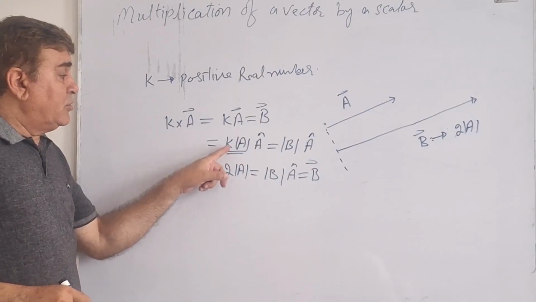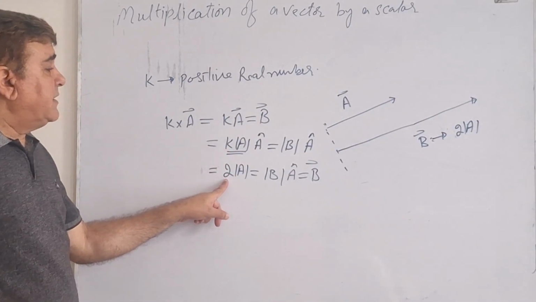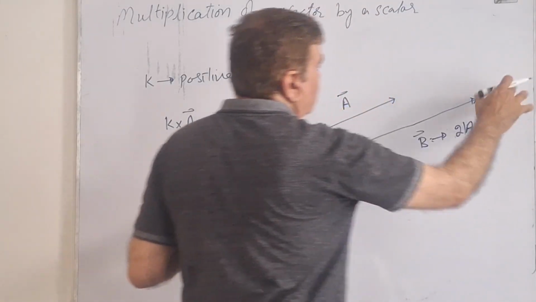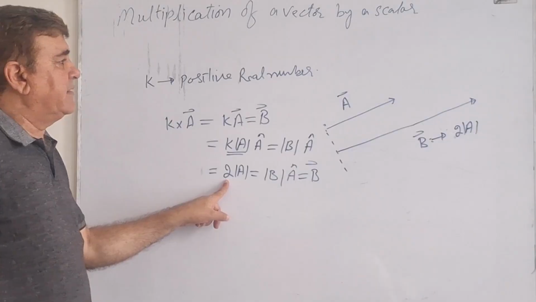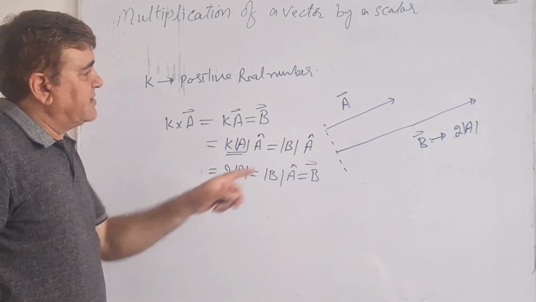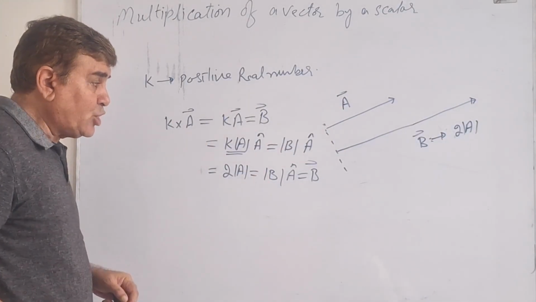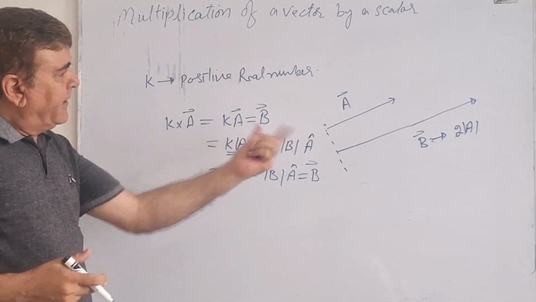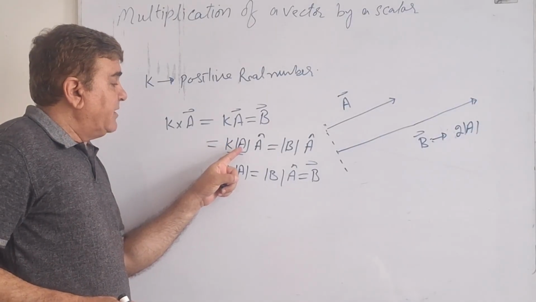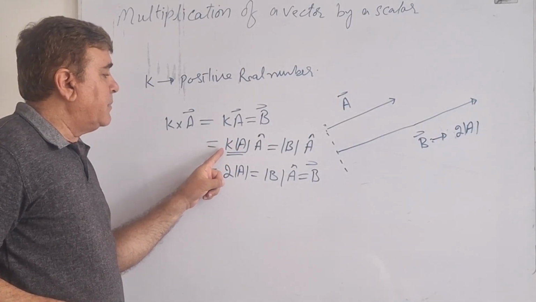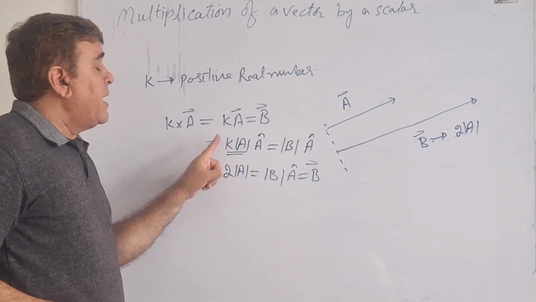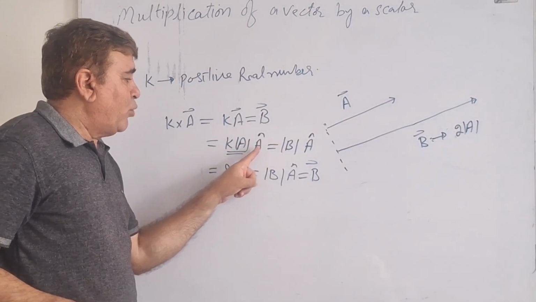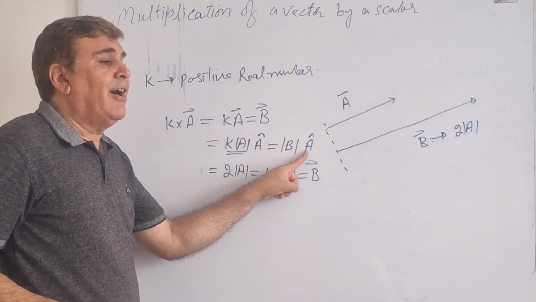Now, if k equaled 3, then obviously the magnitude of B will be thrice the magnitude of A, and this length would go to 3 times the length of the representative line of vector A. The crux of this is that if we multiply a vector with a positive real number, the positive real number only changes the magnitude of the vector, leaving the direction unchanged.